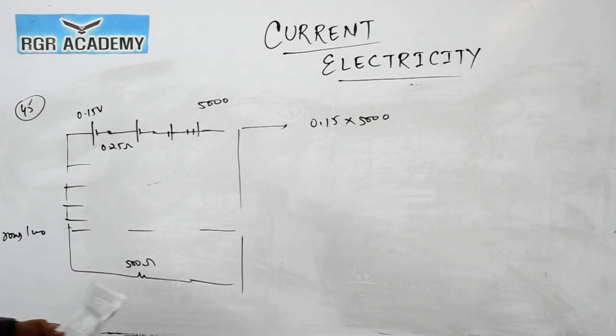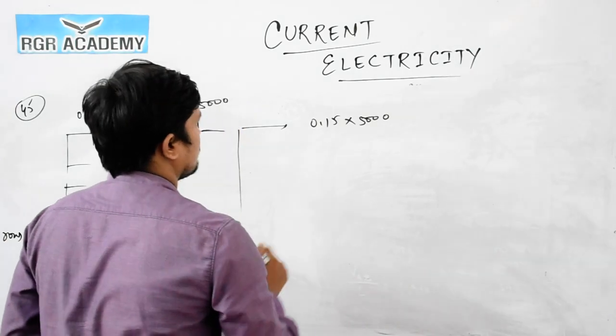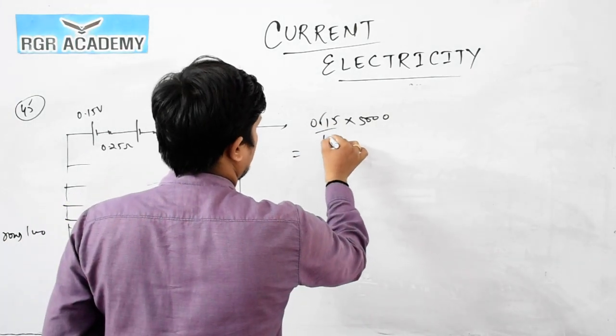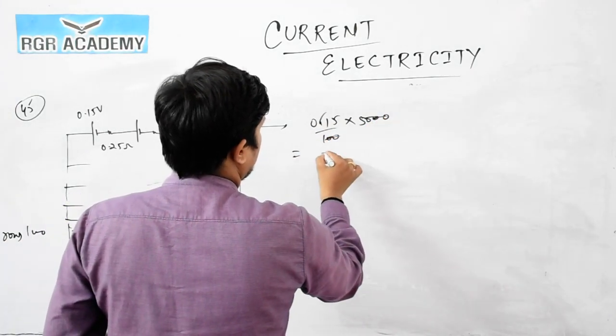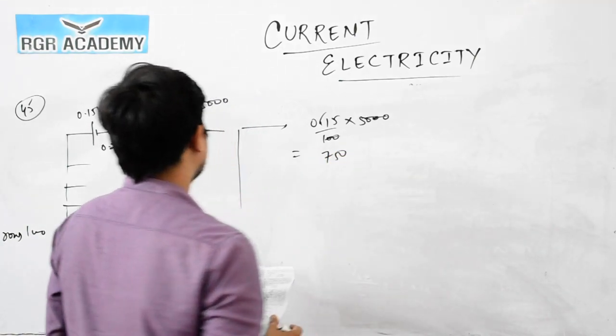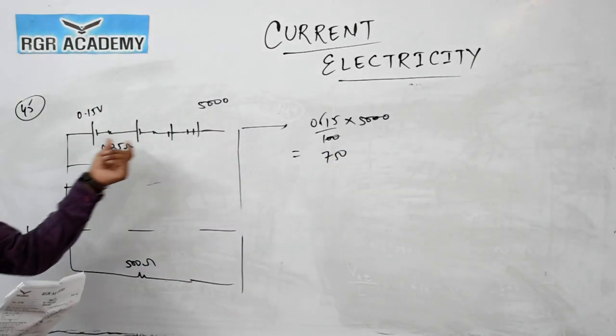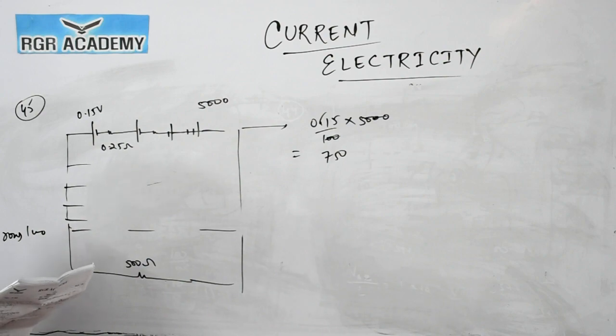If you solve this, you will get 750. So equivalent EMF of one row is 750 volt.